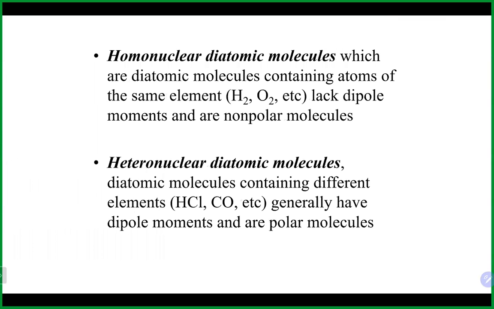So let's start with the simplest ones to determine whether or not the molecule is polar, and that is those diatomic molecules. If we had something like H2 or F2 or O2, in terms of bond polarity, each of those bonds is nonpolar based on electronegativity values.